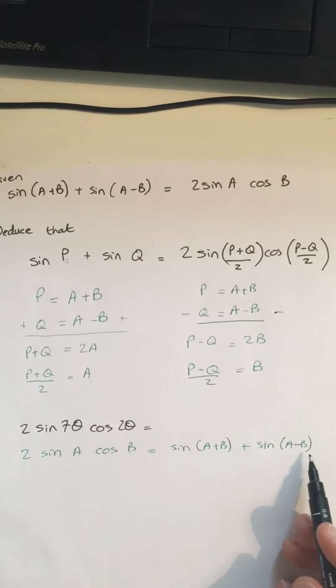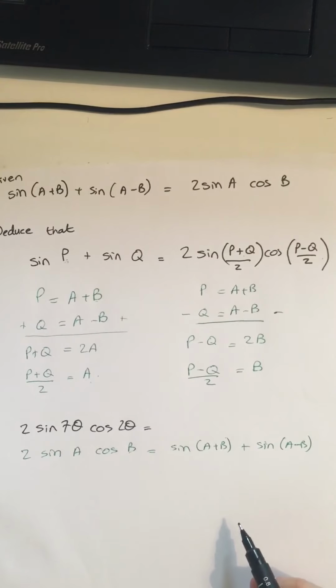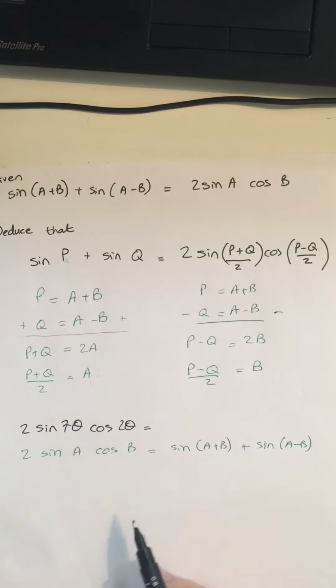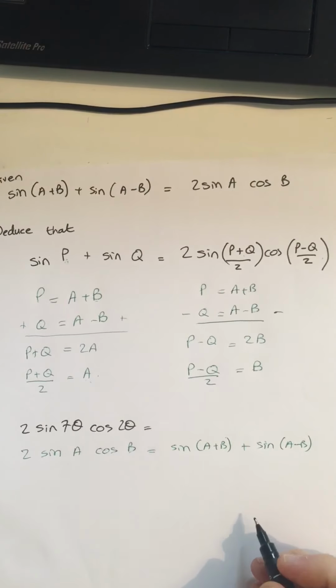So let's use this result to help us to rewrite this. So we can see clearly that A is 7 theta, B is 2 theta.